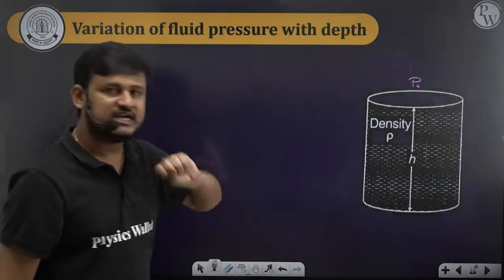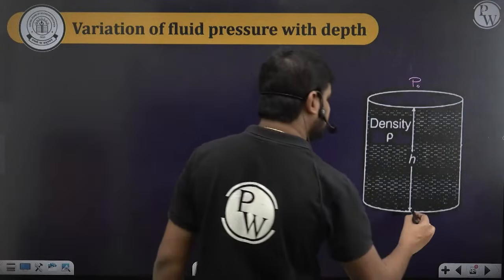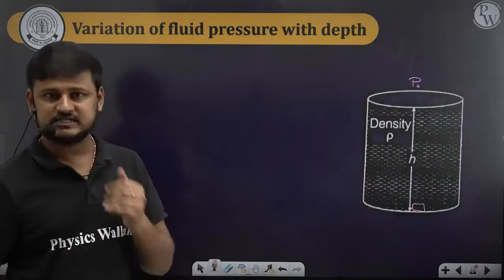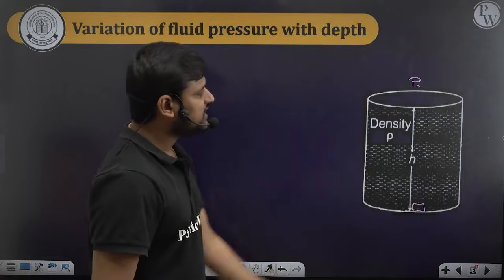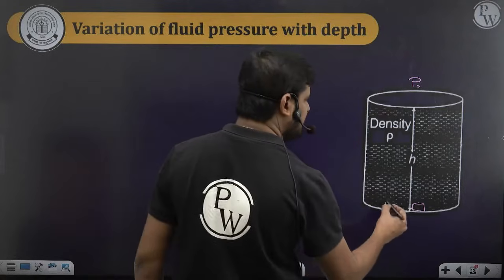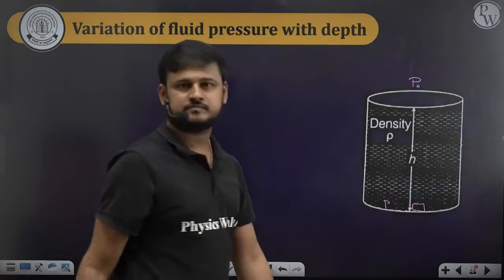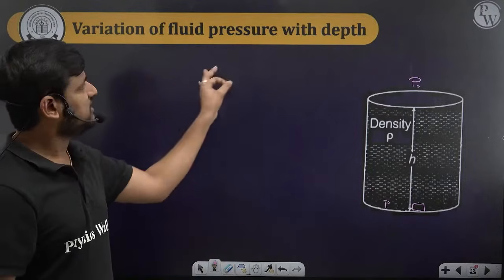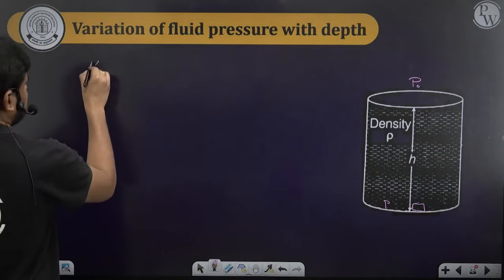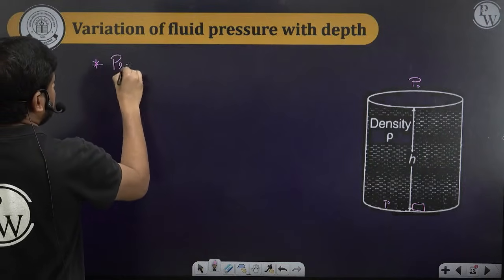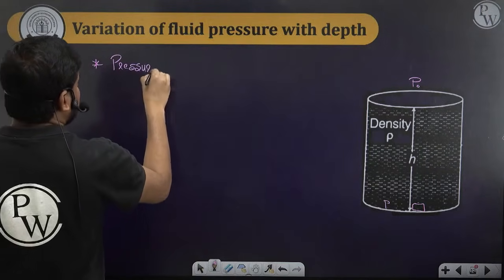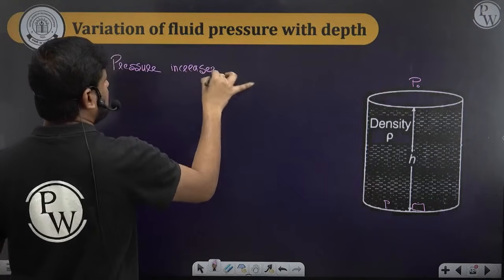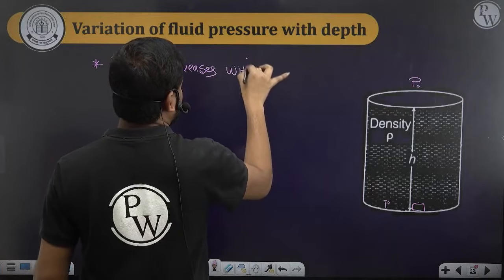Now in this container, if you place an object at some height h, then the pressure there will not be the same as at the surface. That's for sure. The first thing is that the pressure increases with depth.